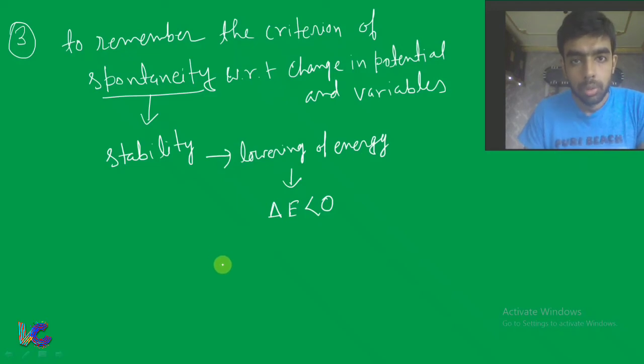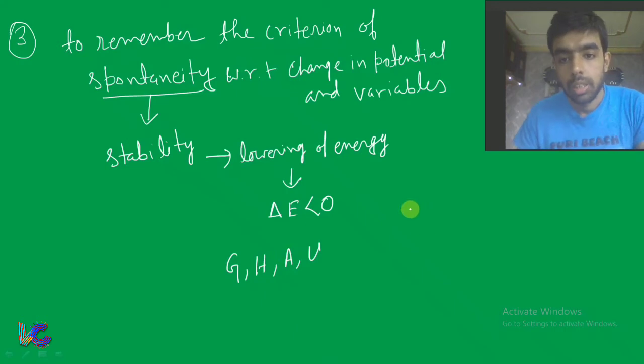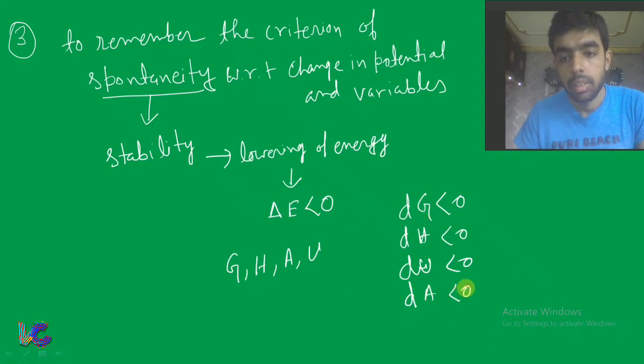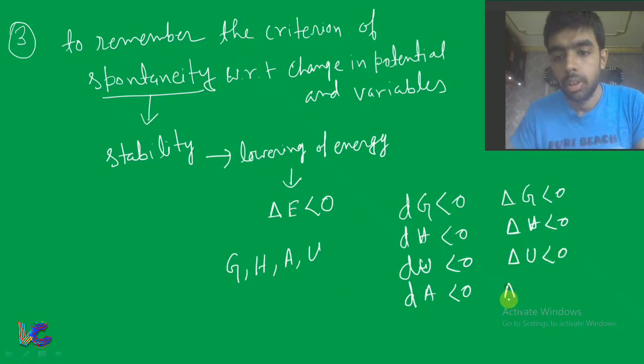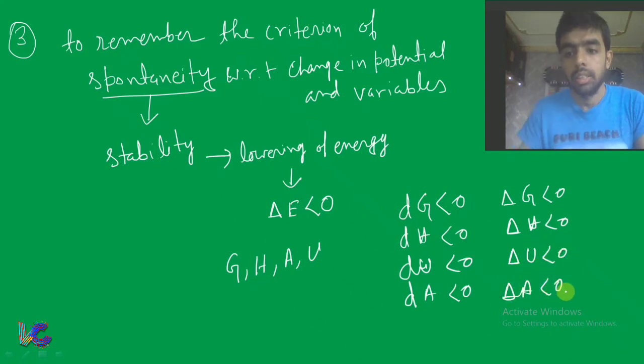Now the thermodynamic potentials G, H, A and U are all energy terms. That means you can say dG less than 0, dH less than 0, dU less than 0 and dA less than 0.